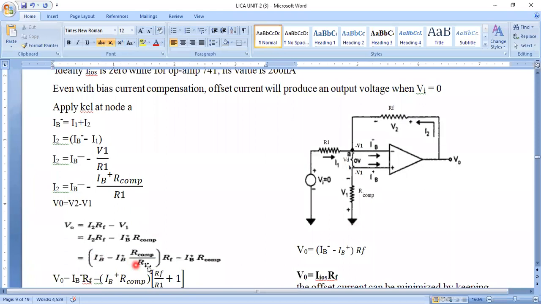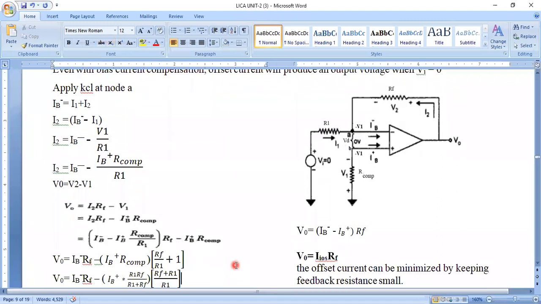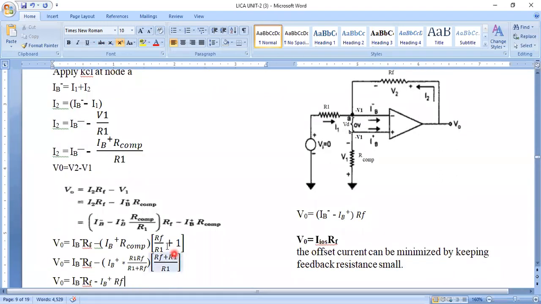This is the expression: I2 into RF minus IB plus into R compensation. If we re-simplify this entire expression, V0 is equal to IB minus into RF, substituted again, minus IB plus into R compensation divided by R1.